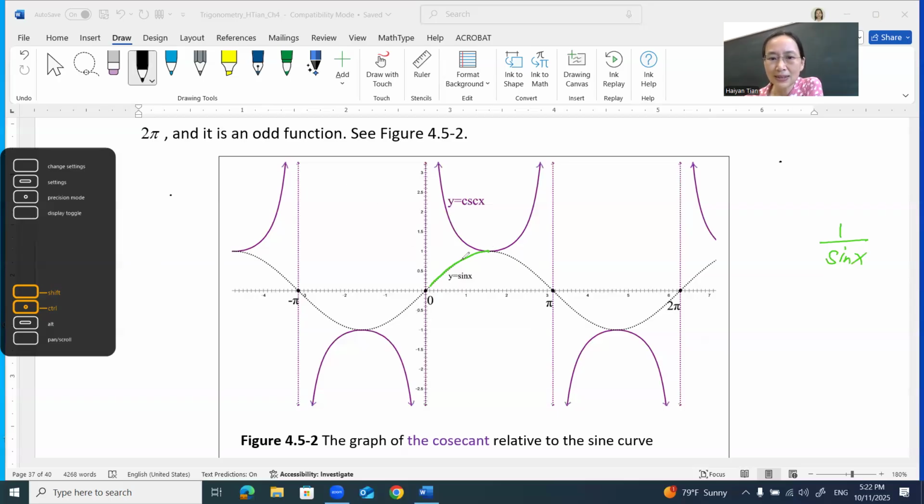So when sine is less than 1, the reciprocal is bigger than 1. And also, it's clear that when the sine value is very, very close to 0, not equal to 0, when it's approaching 0, what's the behavior of the reciprocal?